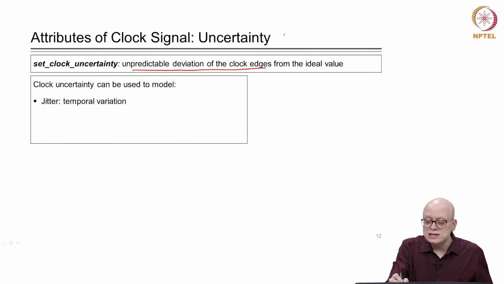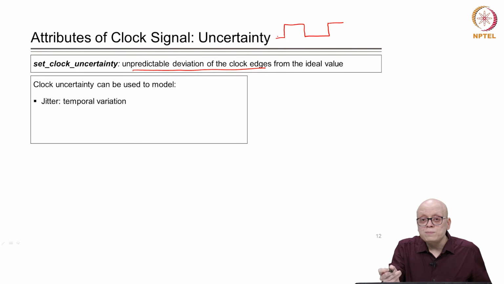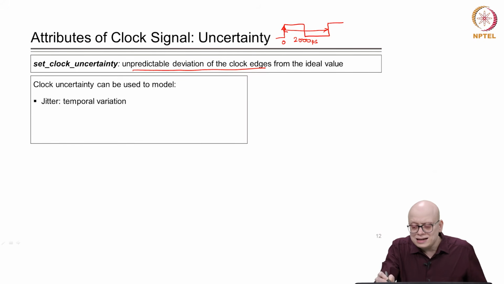For example, if we have defined a create_clock with a time period of say 2000 picosecond, right. So, if one edge is coming at time 0, the next edge will come exactly at 2000 picosecond. That is the ideal value of the difference between the edges of the clock, right.